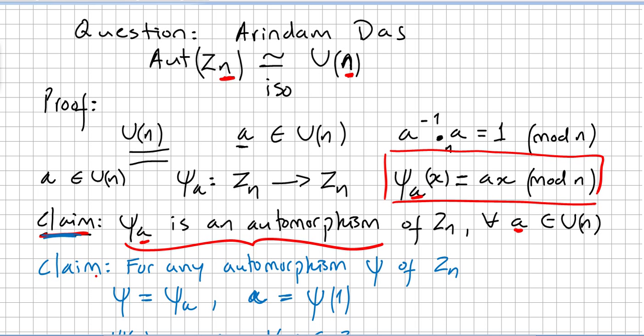Then I claimed that for any automorphism psi, not only psi of a, any automorphism psi would be equal to psi of a under this condition, and we just proved by induction that yes, any automorphism psi is equal to psi of a. So all this work, and now we can work with these two automorphisms. These automorphisms are equal.